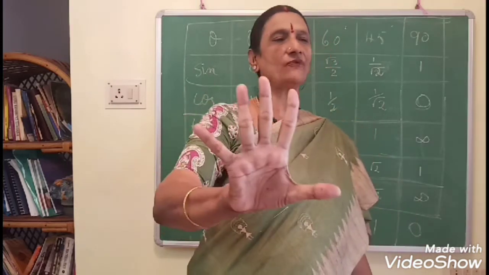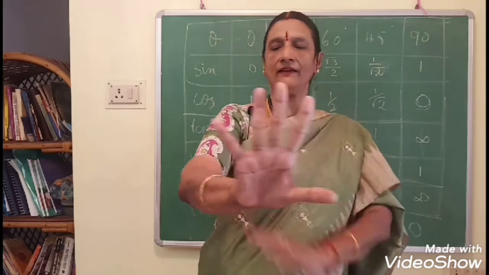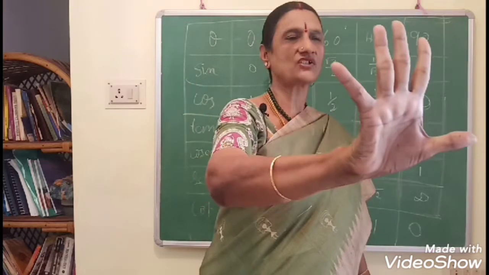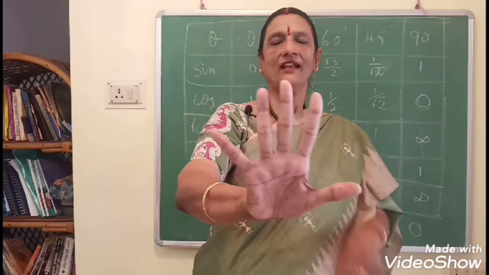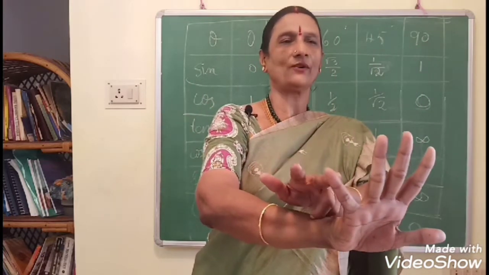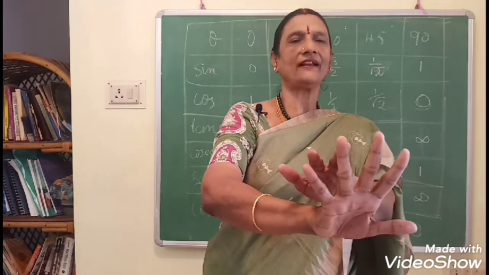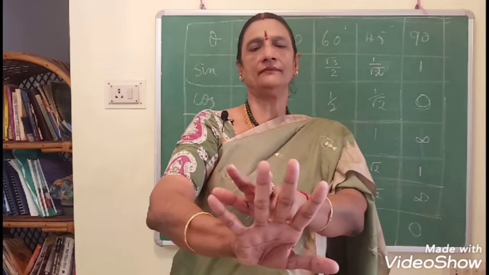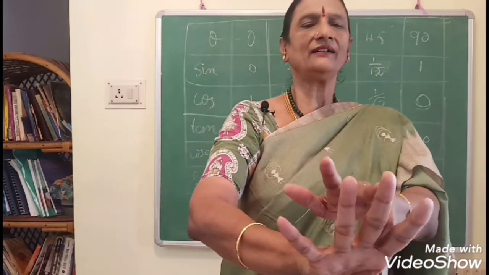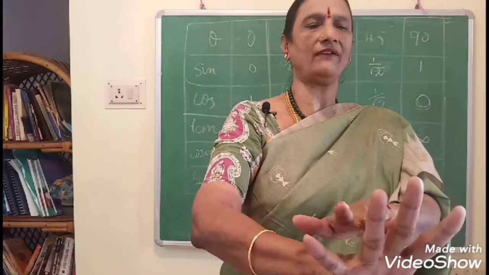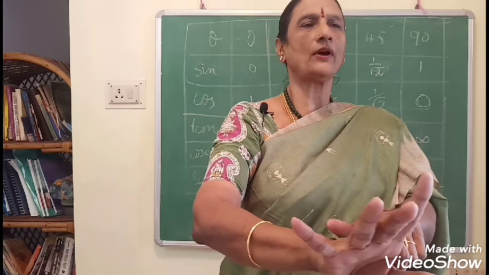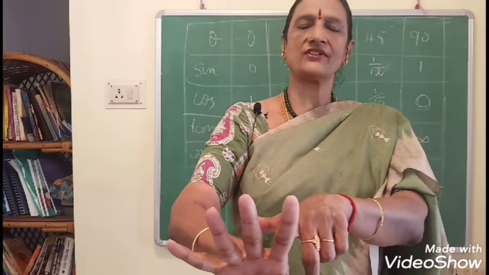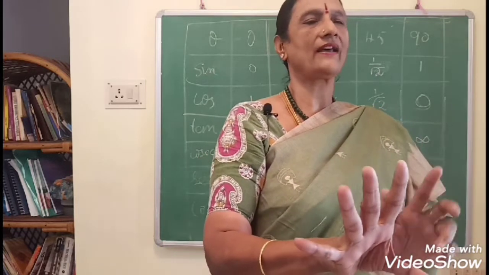Now, stretch your fingers nicely, and all of you can use your right hand. So, stretch all your fingers. Now, the little finger here is the 0, and the next finger, the ring finger, we will fix as 30 degrees, and the middle finger you fix for 45 degrees, and then the pointer finger or the index finger you assign 60 degrees, and your thumb for 90.